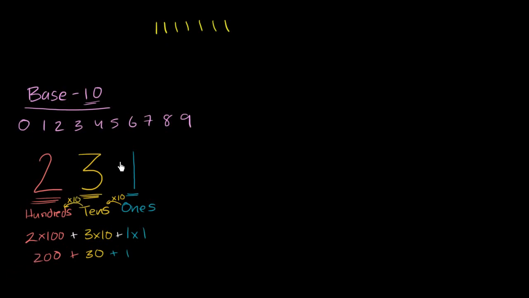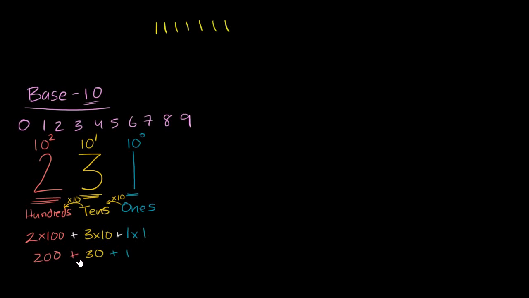If you're familiar with exponents, 1 is the same thing as 10 to the 0 power. 10 is the same thing as 10 to the first power. So this is the tens place, 3 tens. And 100 is the same thing as 10 to the second power. And obviously, we could keep going on and on. That is the power of the base 10 system.